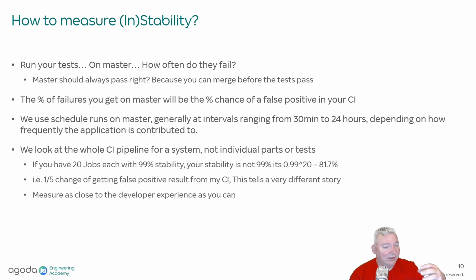Because if there's a 1% chance of every job failing, then that's not 1% instability, it's 20%. Another way of saying that is it's a 1 in 5 chance of getting a false positive result from my CI, which tells a very different story, because that means 1 in 5 times when I run CI, it's telling me that my code is wrong and I'm investigating it and it's not, and I have to rerun it.